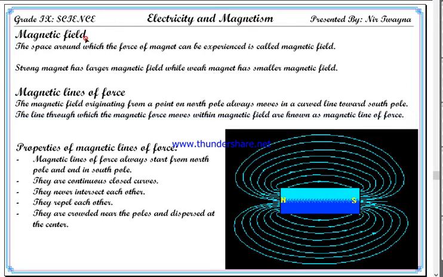A magnet cannot exert its force in an infinite direction or infinite distance. So there is a certain space around a magnet in which you can feel the magnetic field, you can feel the magnetic force.